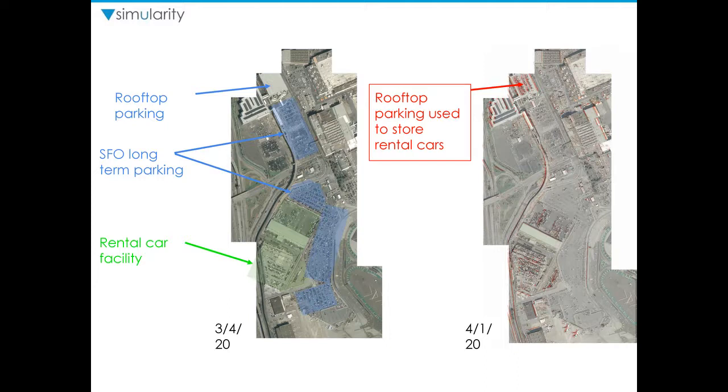Around there in blue is the long-term parking. If you live in the Bay Area and don't want to take an Uber or a taxi, you'll drive your car and park in one of these open air parking lots for a long-term trip. What's also interesting is that the top north part of the blue rectangle, where it says rooftop parking, is actually a five-story building, which is also all long-term parking.